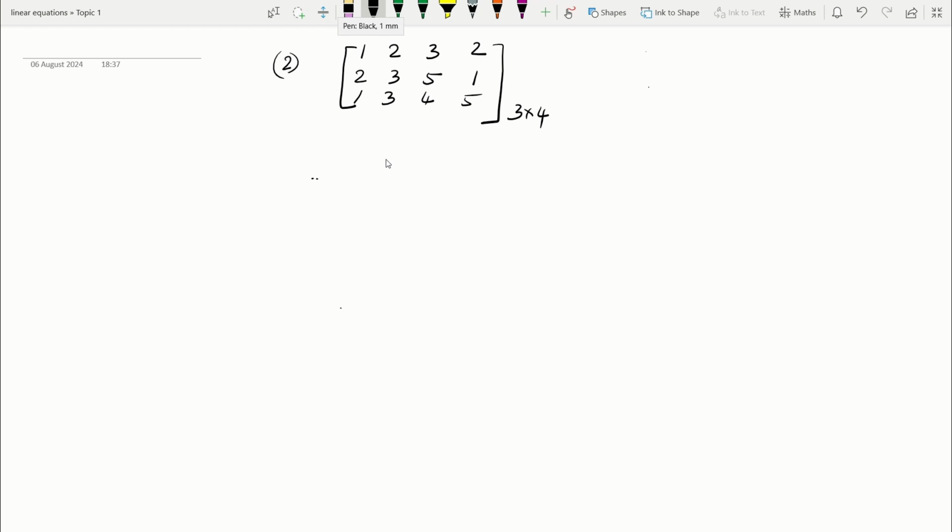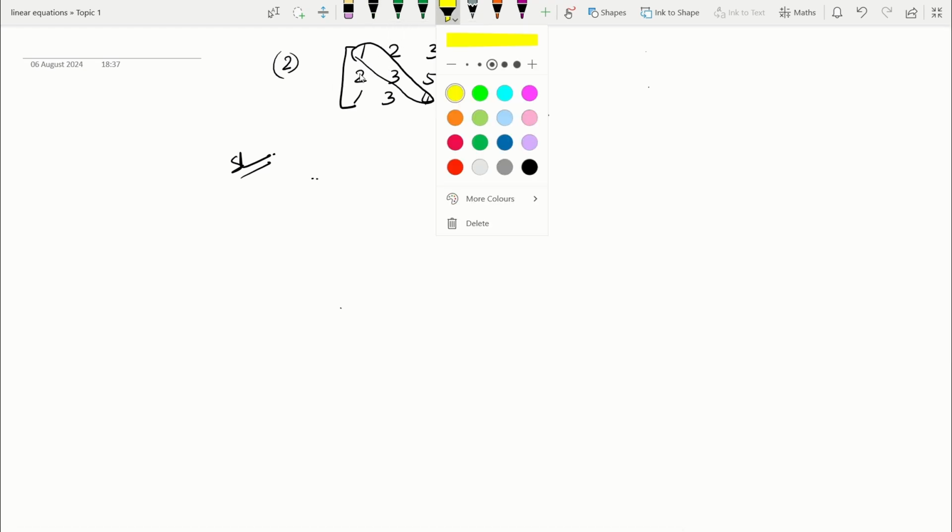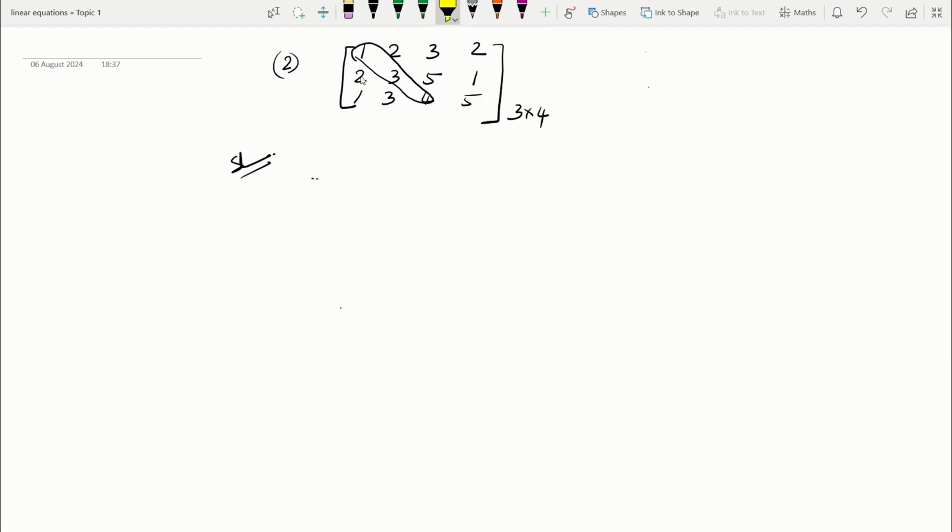Here, this problem also I am taking as a 3 by 4 matrix. 1, 2, 3, 2. Again 2, 3, 5, 1. And again 1, 3, 4 and 5. Here see, 3 rows and 4 columns. Then to check that, we need to find the rank. So the solution will start here.